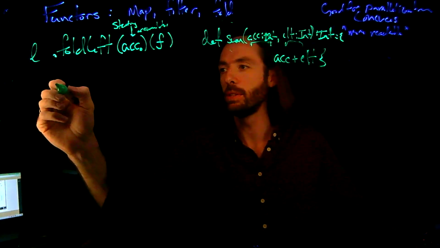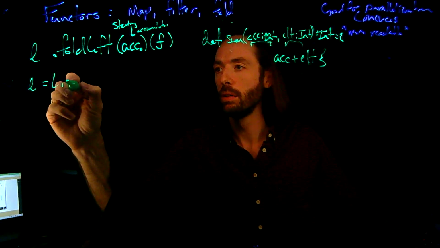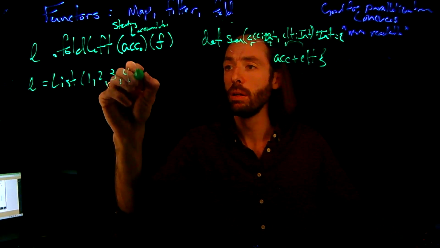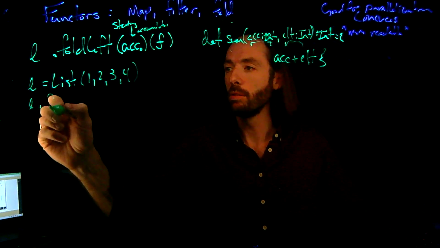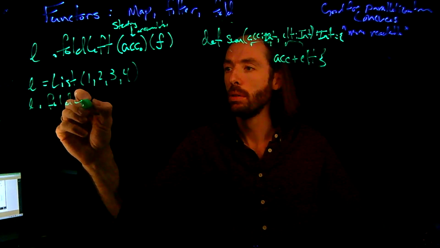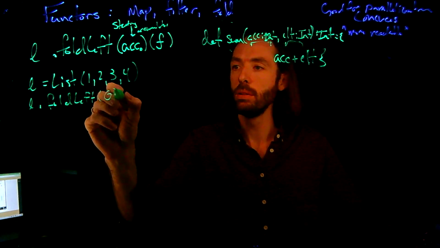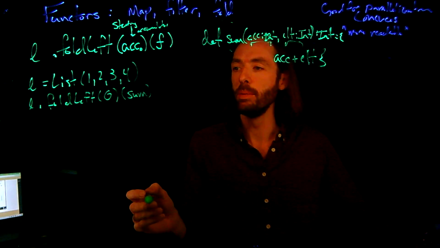And so now if we take, let's say, L is going to be, again, let's just say 1, 2, 3, 4. And if we apply L dot fold left on 0 and sum, what's going to happen?